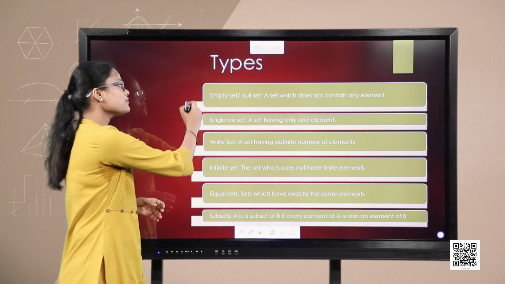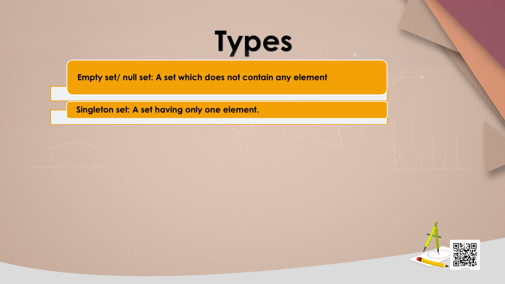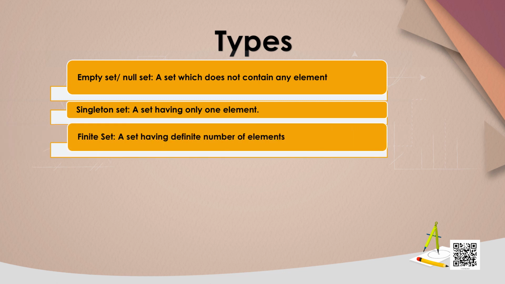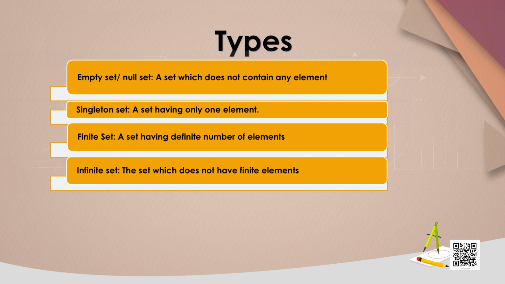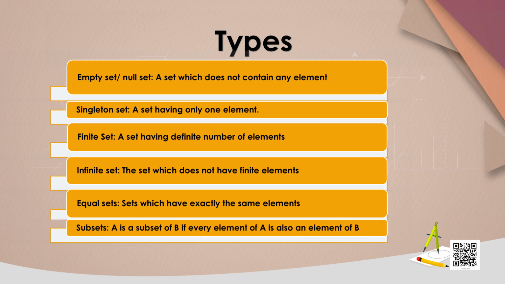Today, we have studied about the empty set, a set which does not contain any element; singleton set, a set having one element; finite set, a set having a definite number of elements; infinite set, the set which is not finite, or we can say the set which does not have finitely many elements; equal sets, sets which have exactly the same elements; and lastly subsets.